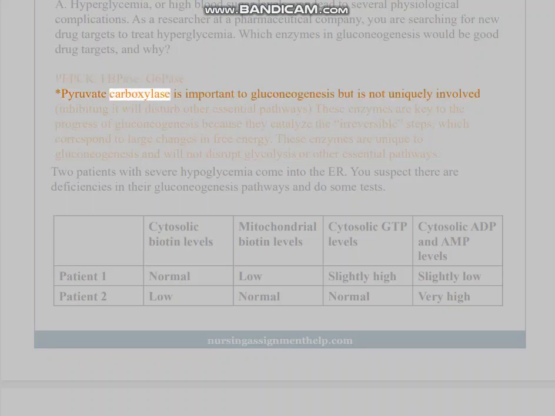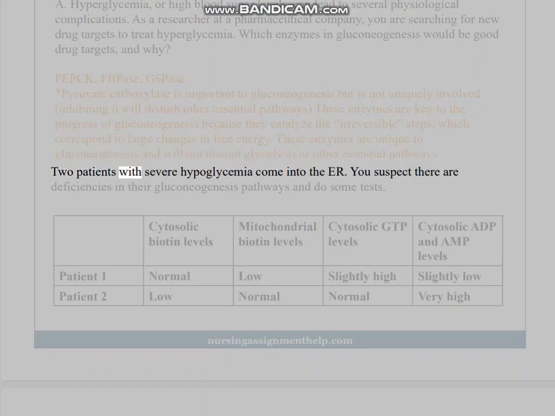Pyruvate carboxylase is important to gluconeogenesis but is not uniquely involved. Inhibiting it will disturb other essential pathways. These enzymes are key to the progress of gluconeogenesis because they catalyze the irreversible steps, which correspond to large changes in free energy. These enzymes are unique to gluconeogenesis and will not disrupt glycolysis or other essential pathways.